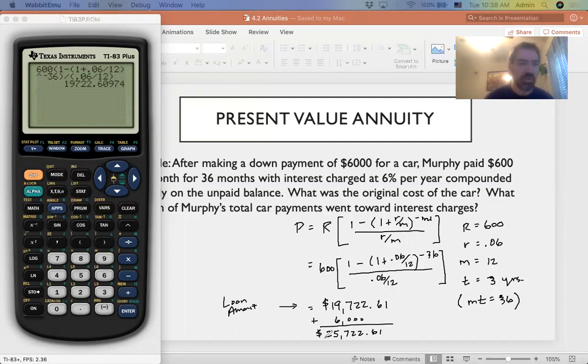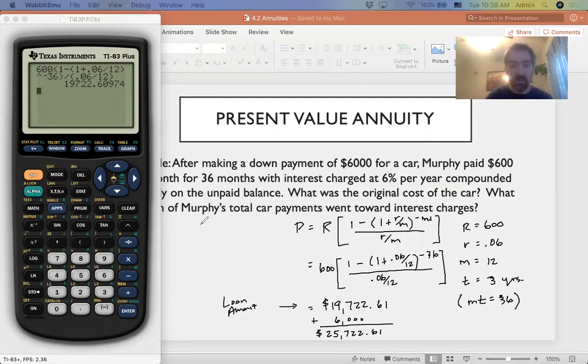Now the question is, how much of Murphy's total car payments went towards the interest charges? We need to determine how much went towards the loan amount and how much went towards the interest. How much in payments did he make? He paid $600 for 36 months.